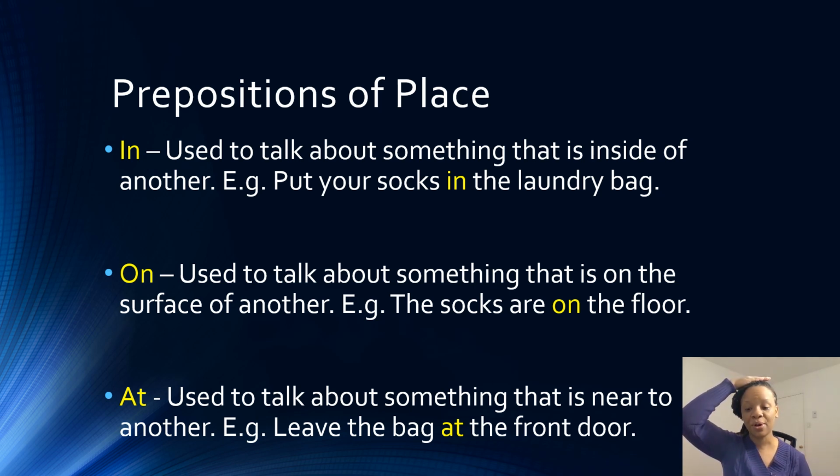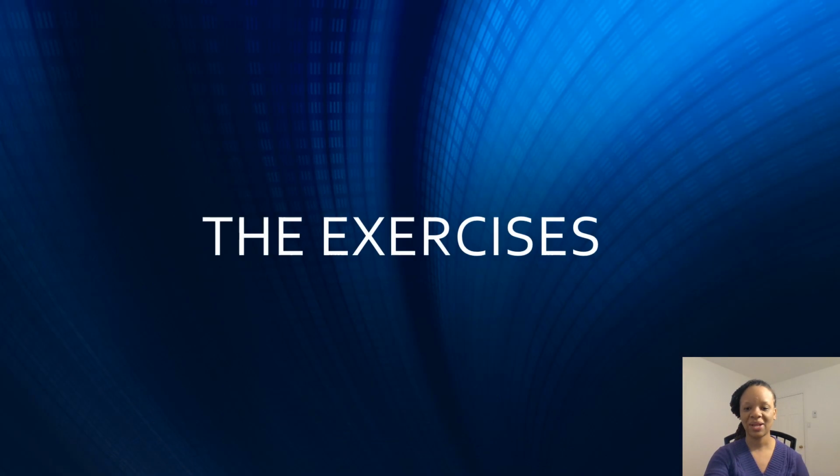So, for example, my hand is on my head. And finally, we use at when we're talking about things that are near to each other. So if I say, leave the bag at the front door, it is not hanging on the door, but it's just at the door. We've looked at so many examples.